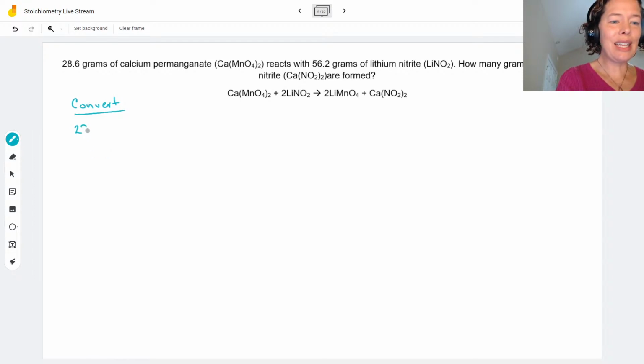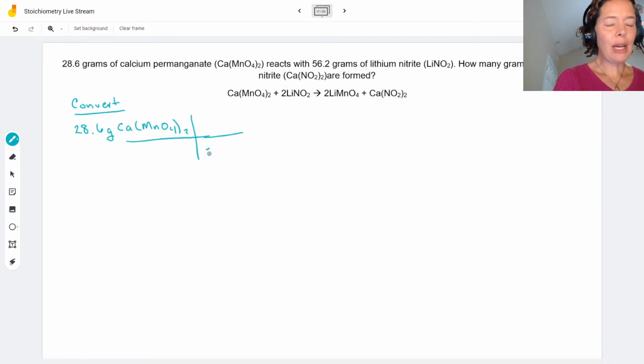Okay, so 28.6 grams of calcium permanganate. Now that molar mass is 277.949 grams per mole.